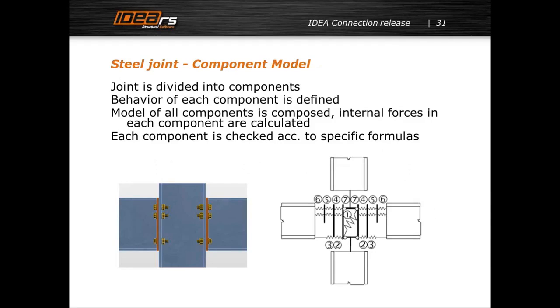Again, a little bit more theory. This is the standard component method, which is described in Eurocode and which is normally used, and it is based on such models. In fact, for each topology of connection, you have to derive such a model from springs. Each spring represents some component, and you can see that these models are not very easy.